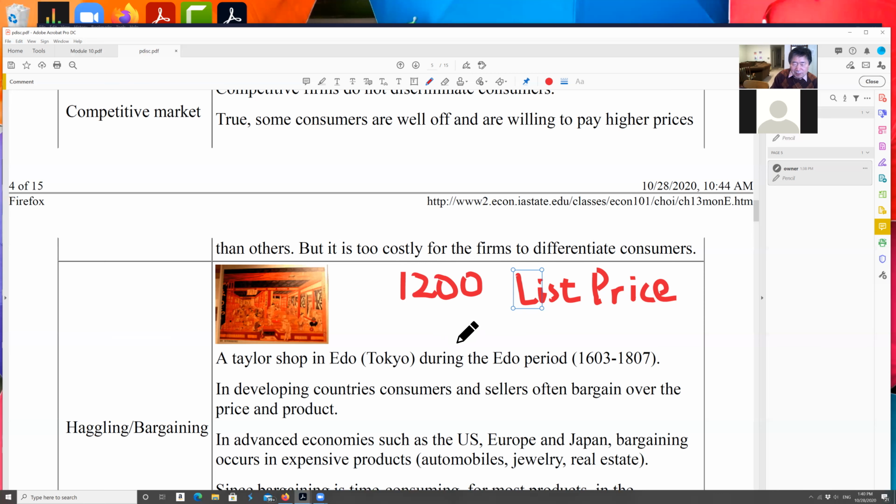How about $200? No. This is haggling. So that's what happens in many developing countries, okay? Consumers and sellers often bargain over the price and the product.